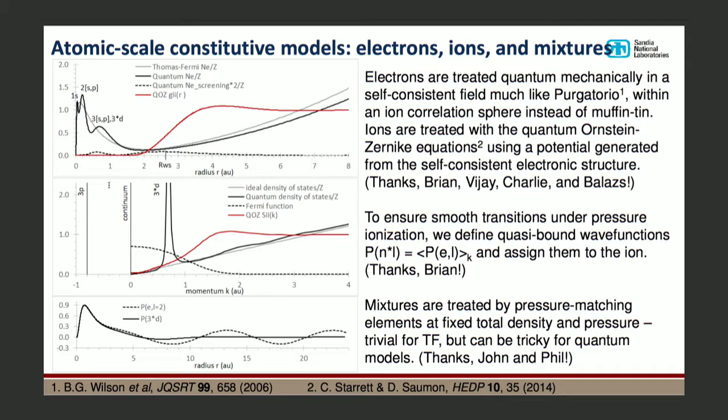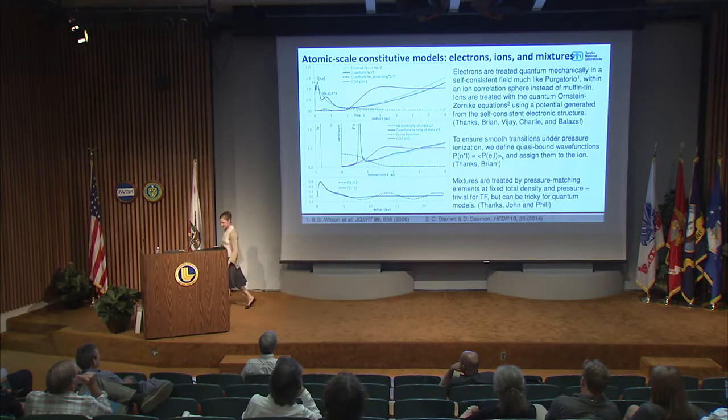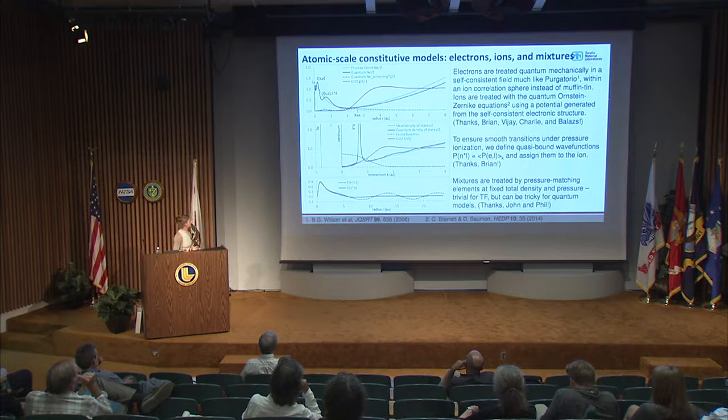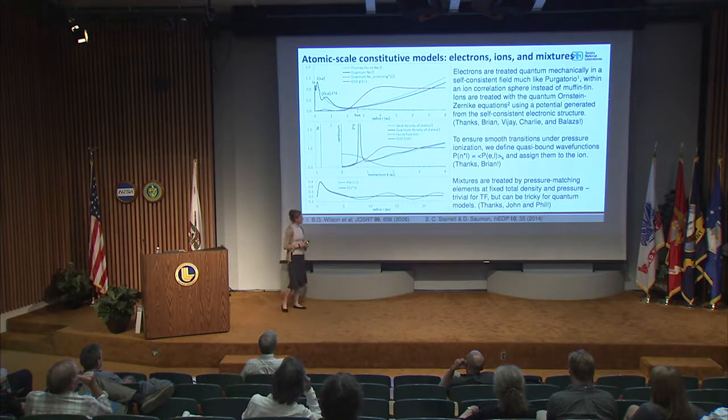And if you try to extract the bound state character of that orbital, then you can make an ansatz about the ionization state of the material that guarantees smooth transitions under this process of pressure ionization, when a bound state moves from a delta function at negative energy, a true eigenvalue of the system, to a distributed peak at positive energy. And this has several advantages that I'll show you. Brian helped me a lot in doing this.